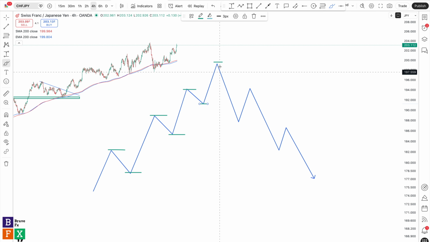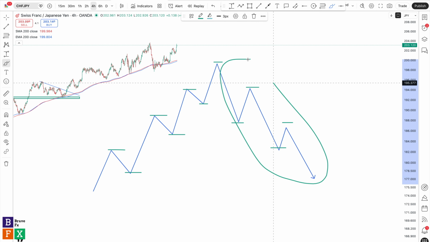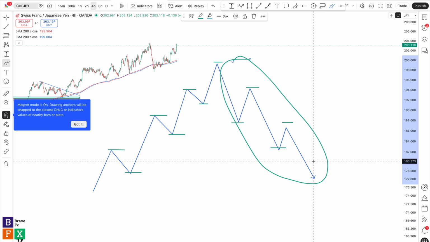So you can see that's what happened over here. You can see 1, 2, 3, 4, right? So this over here is your change in the market structure from a bullish trend to a bearish trend, right?